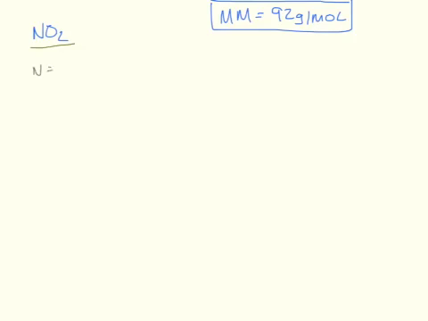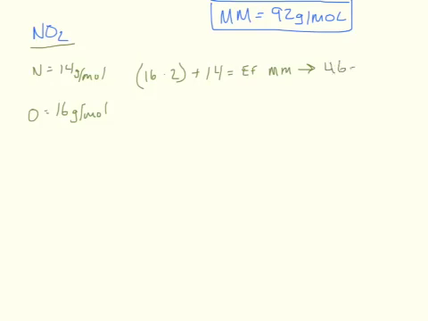Nitrogen is 14 grams per mole. Oxygen is 16 grams per mole. Don't forget, we have 2 oxygen, so 16 times 2 plus 14 gives us an empirical formula molar mass of 46 grams per mole.